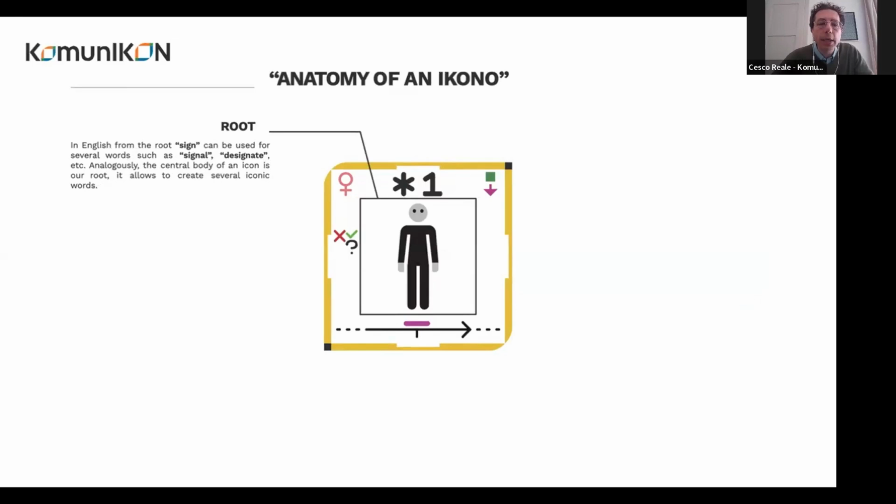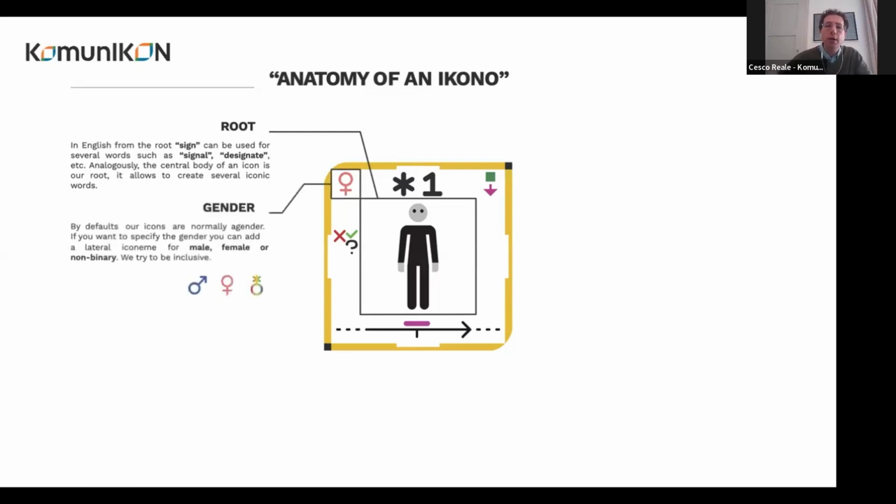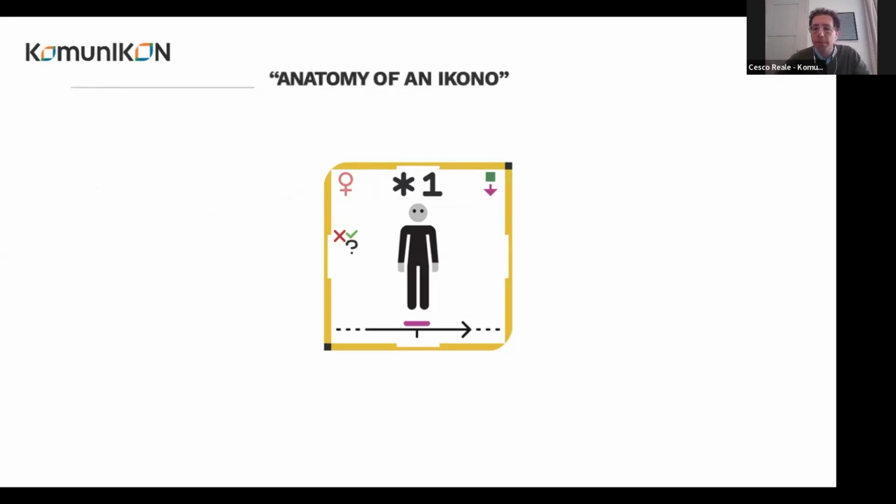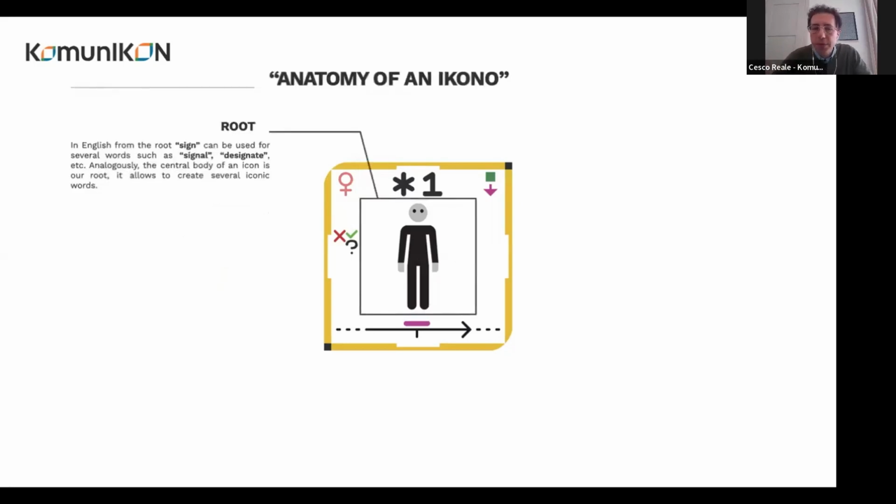For example, in English, from the root sign, S-I-G-N, we can have other words such as signal, designate, etc. Okay, so in linguistics we call that a root, and then from the root you can add some morphemes that in this case are called iconyms to modify the meaning.